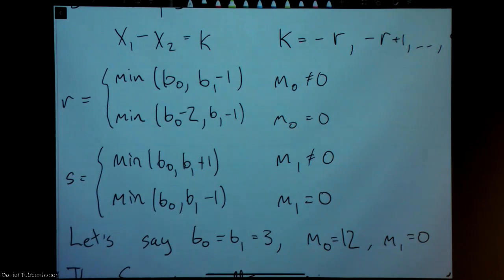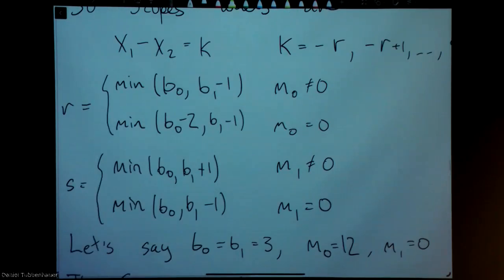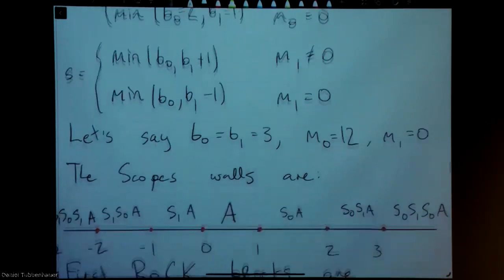There's going to be an incredible number of those. It would kill your computer to try to enumerate all of this. But you don't need to. It's all just stuff about the representation theory of SL2 happening. So I can just look at these formulas and immediately read off what the Scopes walls are.